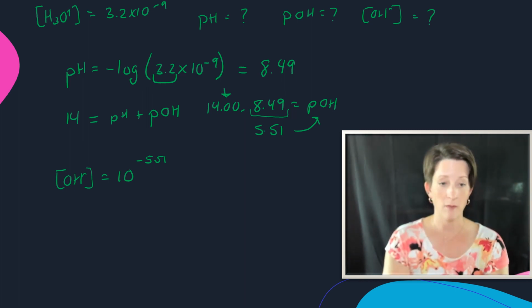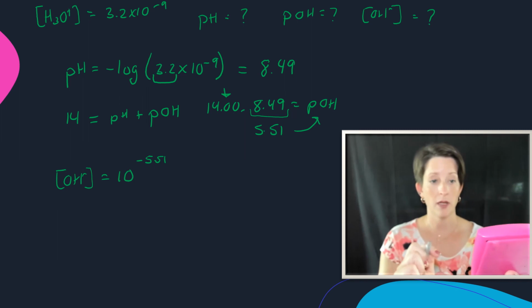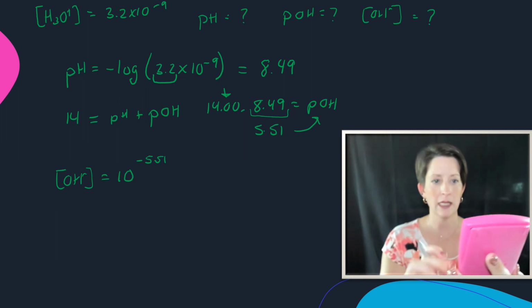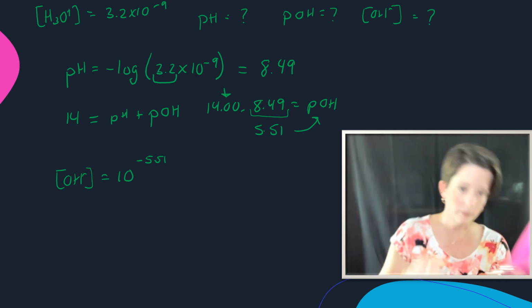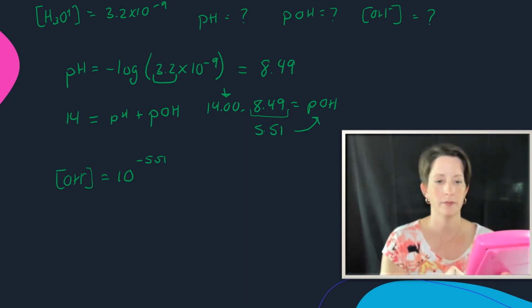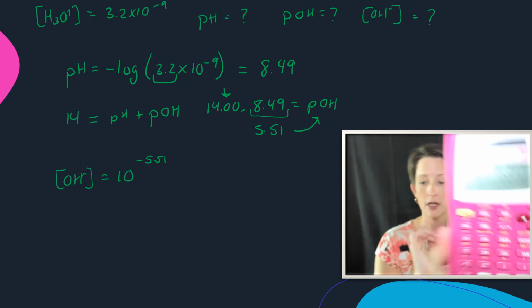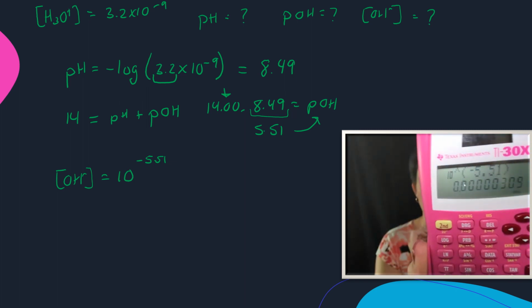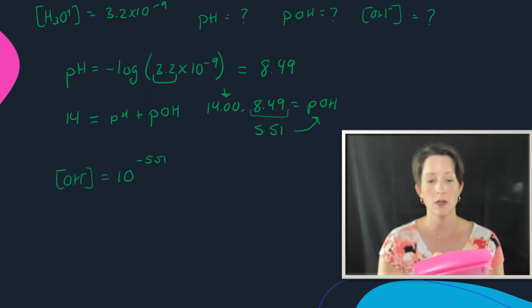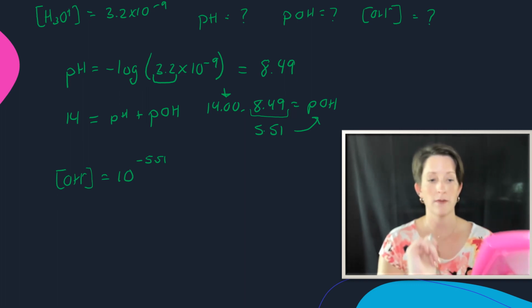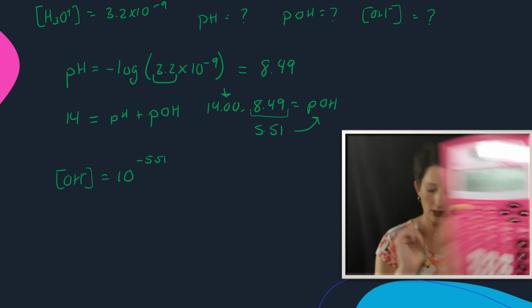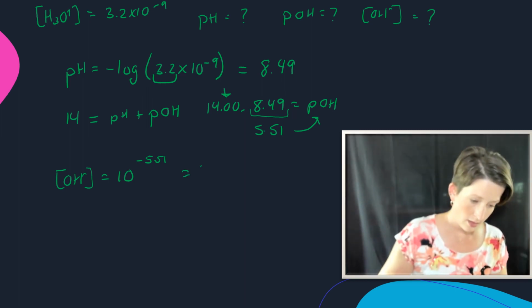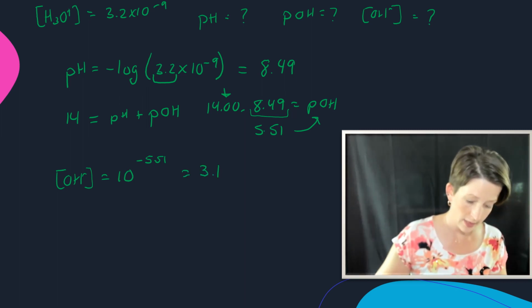So I put 5.51 in there, and I'm going to get a ridiculous, negative 5.51. I forgot my negative. And then you're going to get a number. Again, if you want to convert this to scientific notation by hand, you can do so. Otherwise, you can use your calculator's function to put it into scientific notation. So I get 3.1 times 10 to the negative 6, sorry.